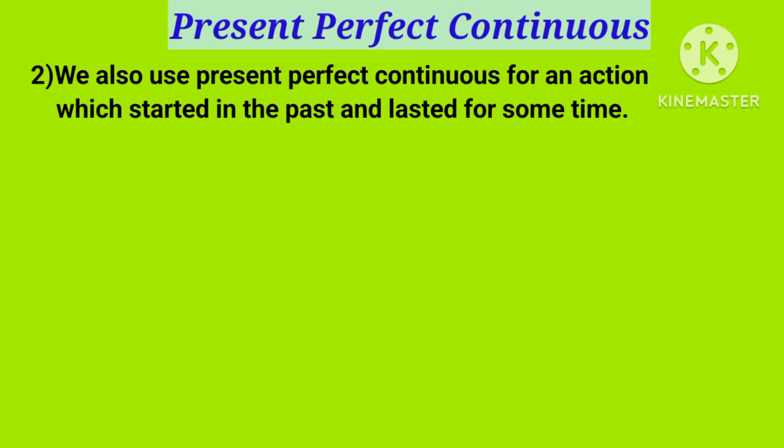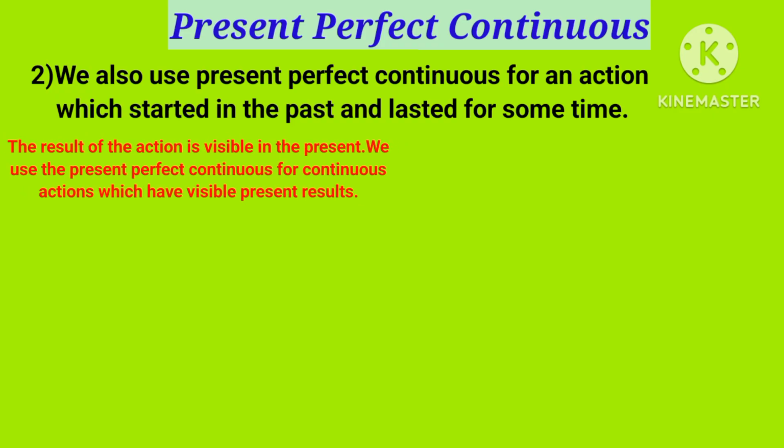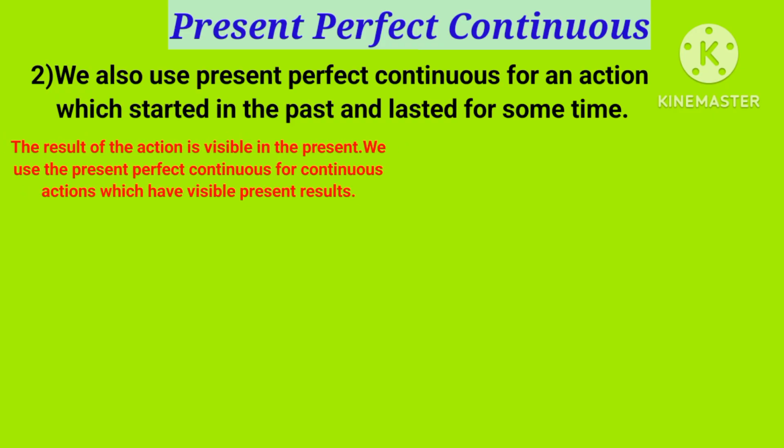Number 2: we also use present perfect continuous for an action which started in the past and lasted for some time. The result of the action is visible in the present. We use the present perfect continuous for continuous actions which have visible results in the present.